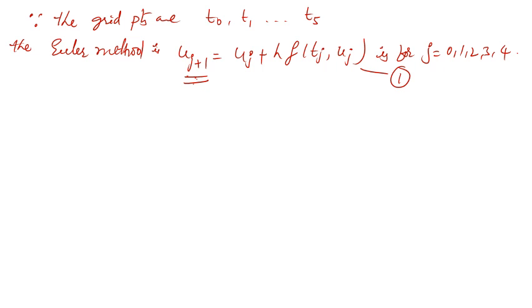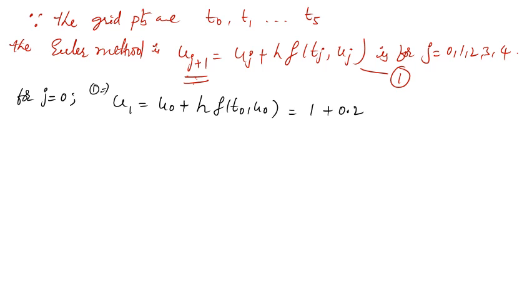Let us move to j equals 0. For j equals 0, equation 1 gives u1 equal to u0 plus h into f of t0 comma u0. The u0 value is 1, h value is 0.2, and the right side function is minus 2 t u square, so minus 2 t naught u naught square.